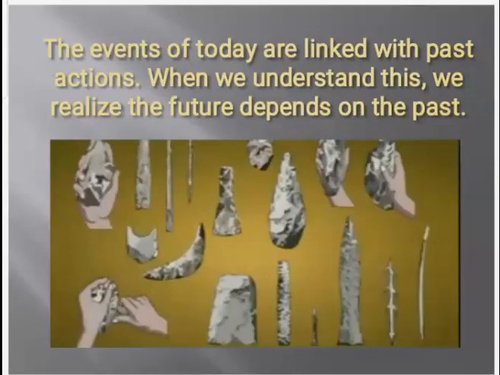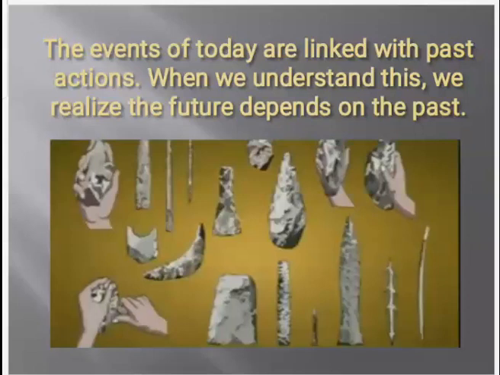In this way, the events of today are linked with past actions. When we understand this, we realize that the future depends on past events, and that is why our past, present and future are related to each other.